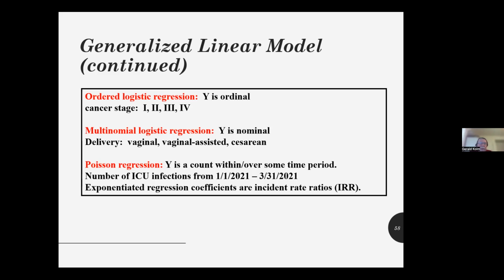For example, we might look at ICU infections over a 3-month period, where the outcome is just a count. For Poisson regression, we get regression coefficients similar to logistic regression. If we exponentiate them, we get what's called an incident rate ratio instead of an odds ratio. In other words, a ratio of 2 rates.